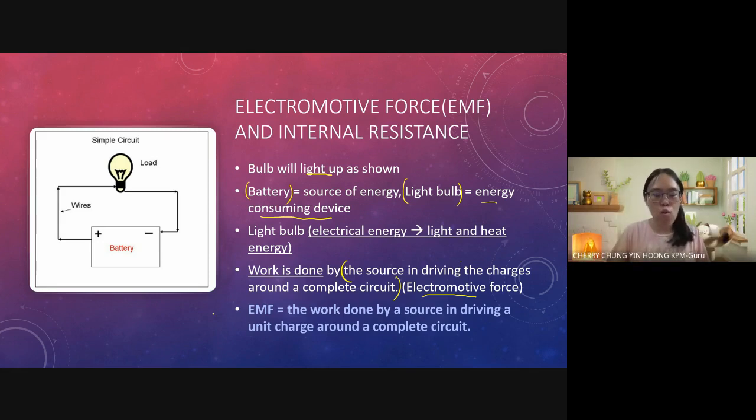Okay, so 如果 if you were to draw like this, 一个 normal 的一个 circuit, okay, to move the charge from one point to another point is what we call as a potential difference. Okay, 可是 if let's say to move, okay, driving the charges around, okay, around the complete circuit, okay, is what we call as the EMF.